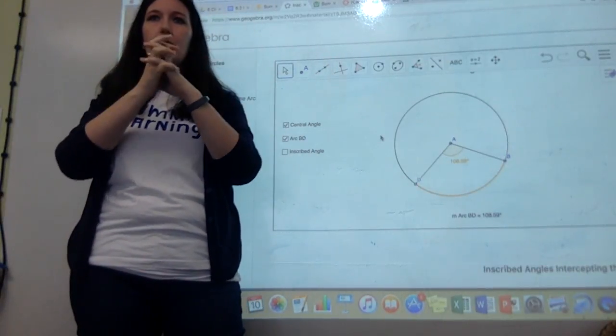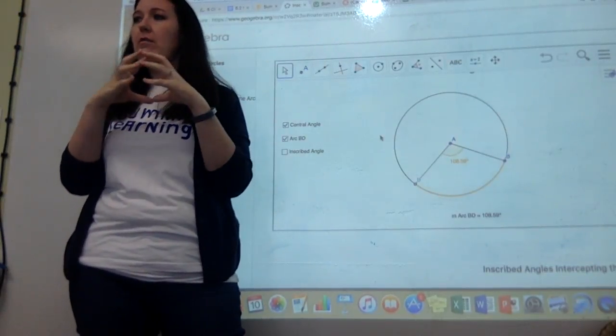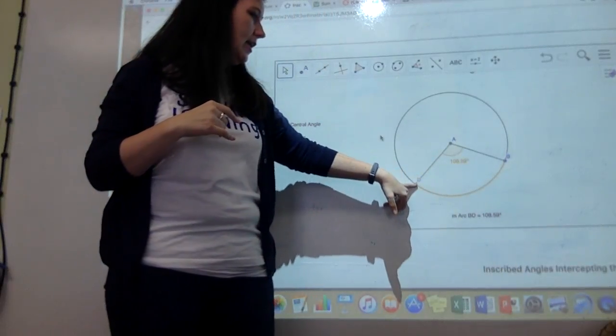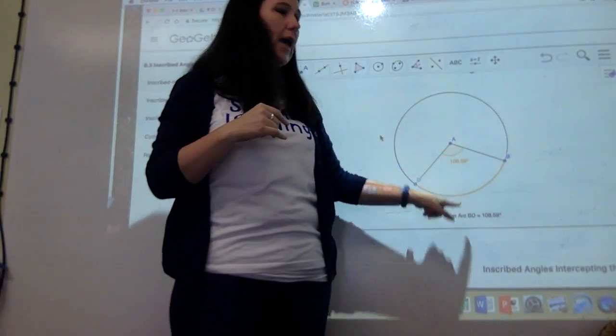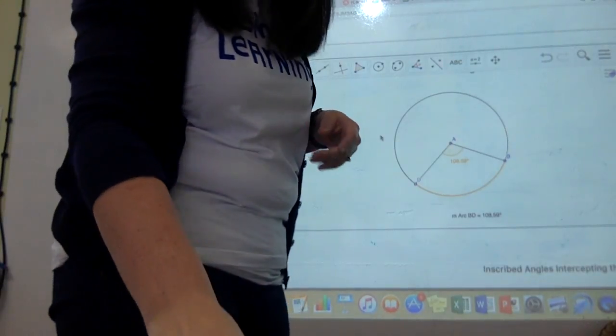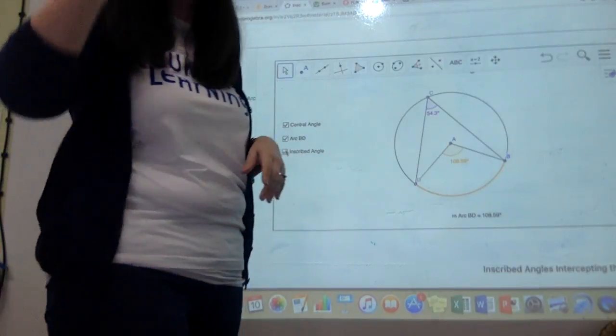You can shrink them, you can enlarge them, and they're always similar. They're just a dilation of it. The angle and the arc that it creates are always going to have the same degree. So let's look at what the inscribed angle is.